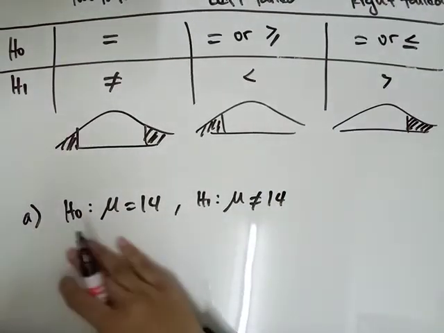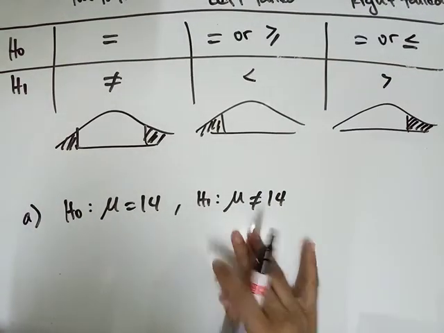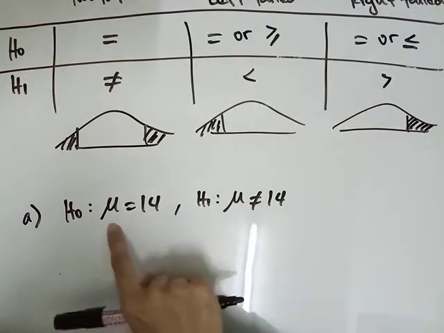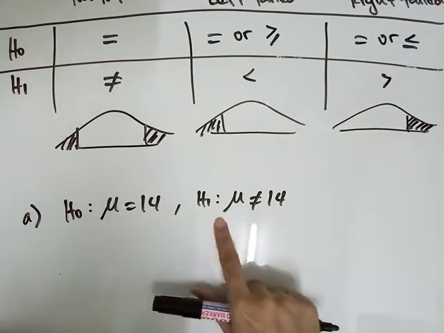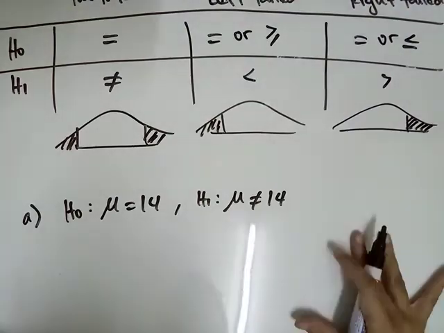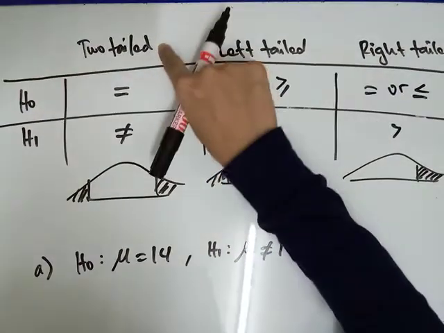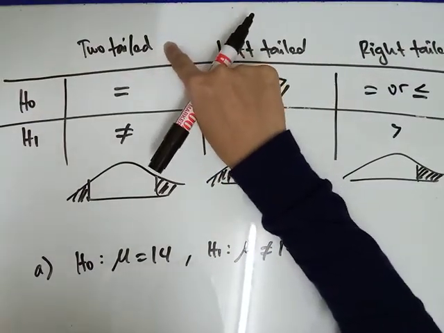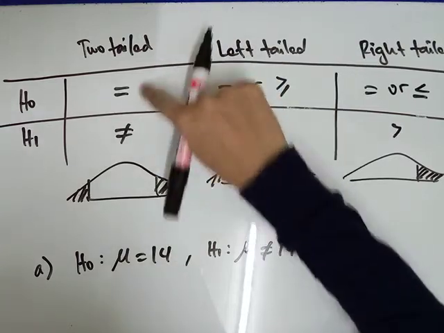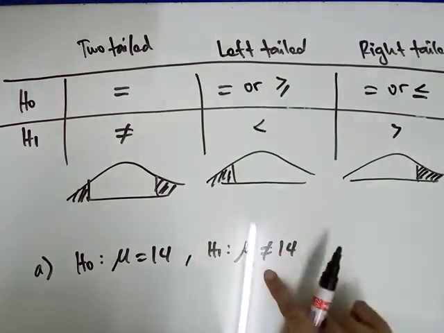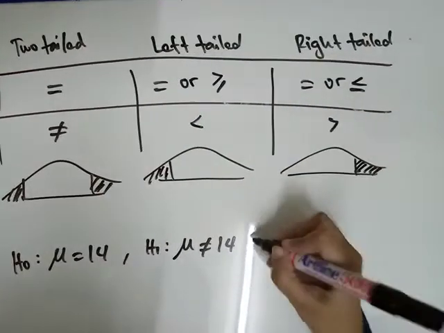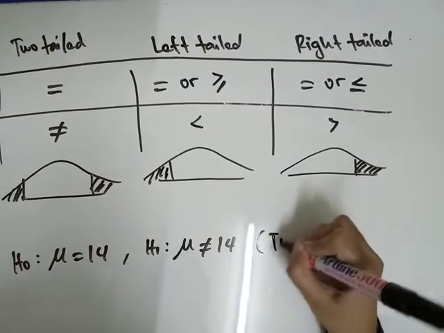So, what type of tail is this? Okay, kalau kita jumpa H naught mean equal 14 and H1 mean is not equal 14, that means we want to test two tail of the area. Tengok dia berpasangan ini. Okay, tengok pada sign dia. So, for A, it is two tail test.